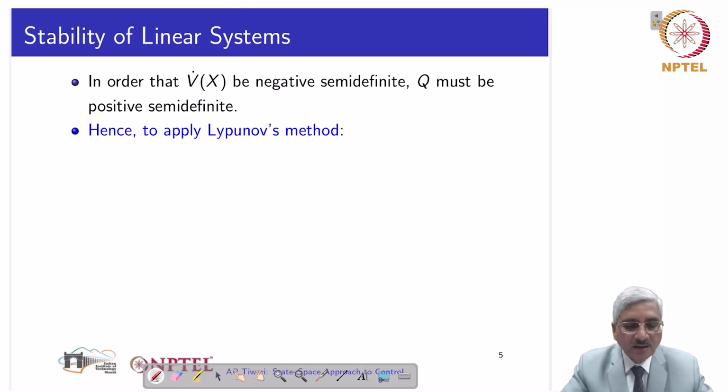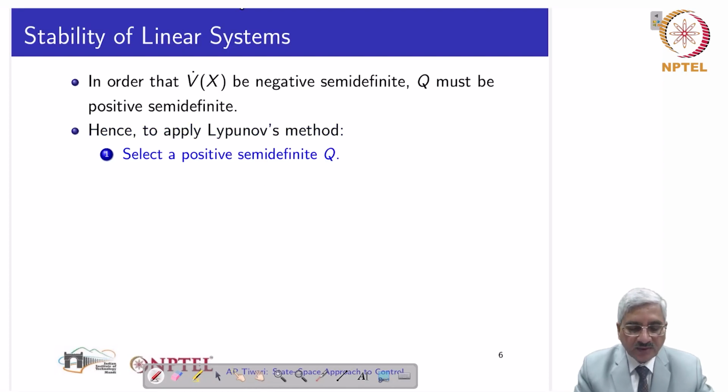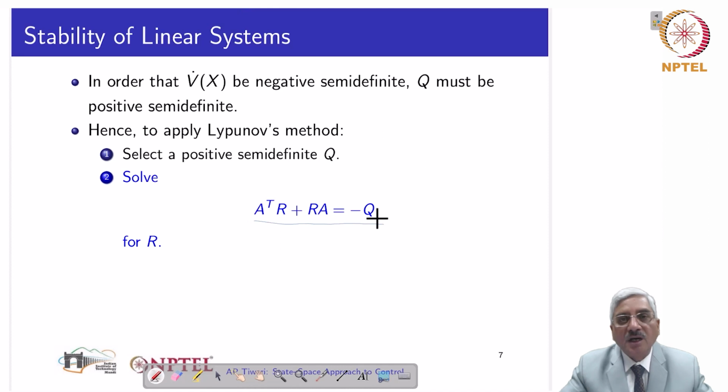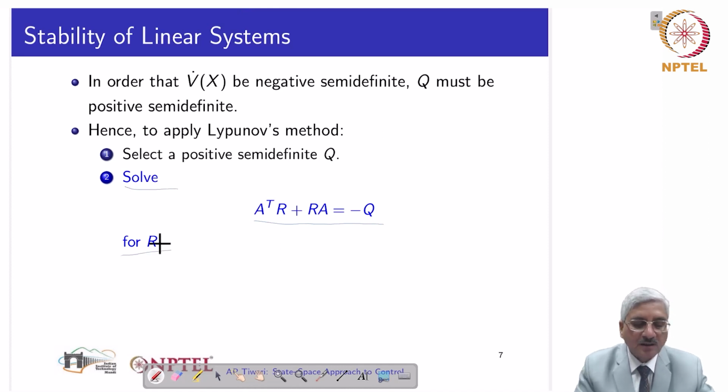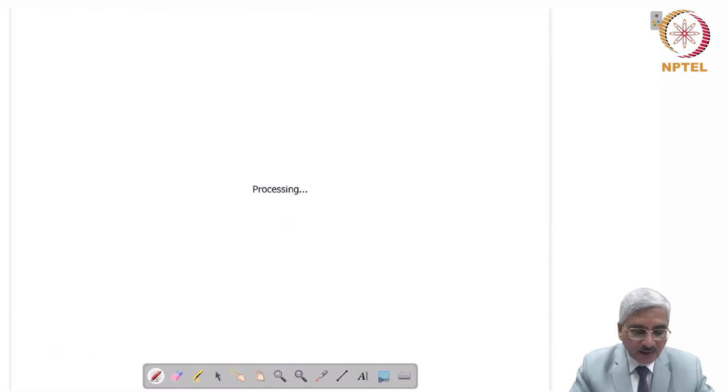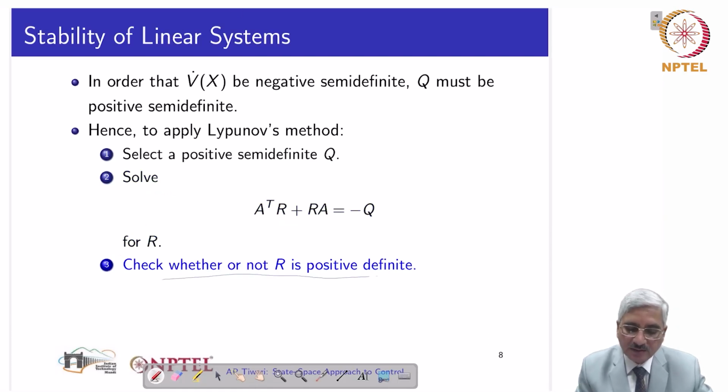So to apply Lyapunov's indirect method, what we have to do is choose a positive semi-definite matrix Q, and we have to set up the equation A transpose R plus RA equal to minus Q, and we have to solve it for R. Thereafter, we have to check whether R is positive definite or not.